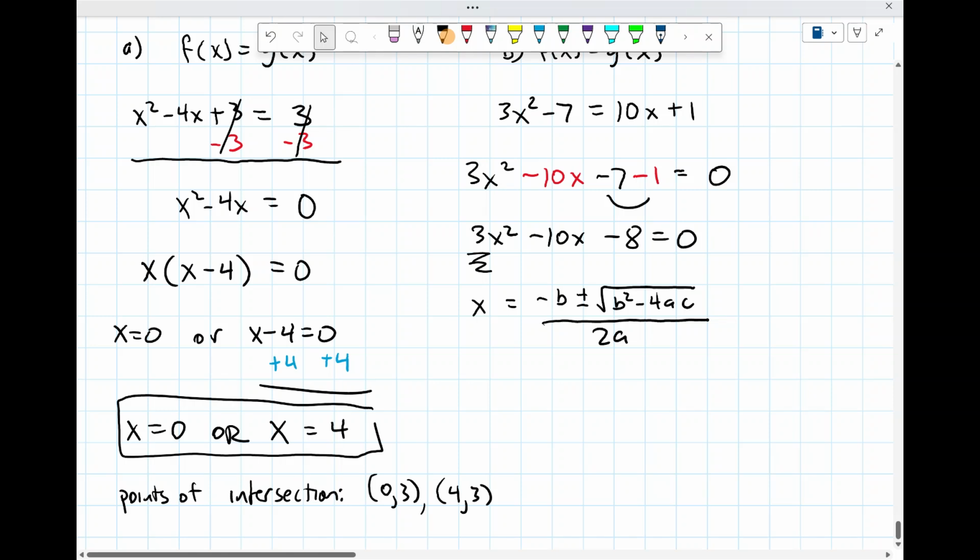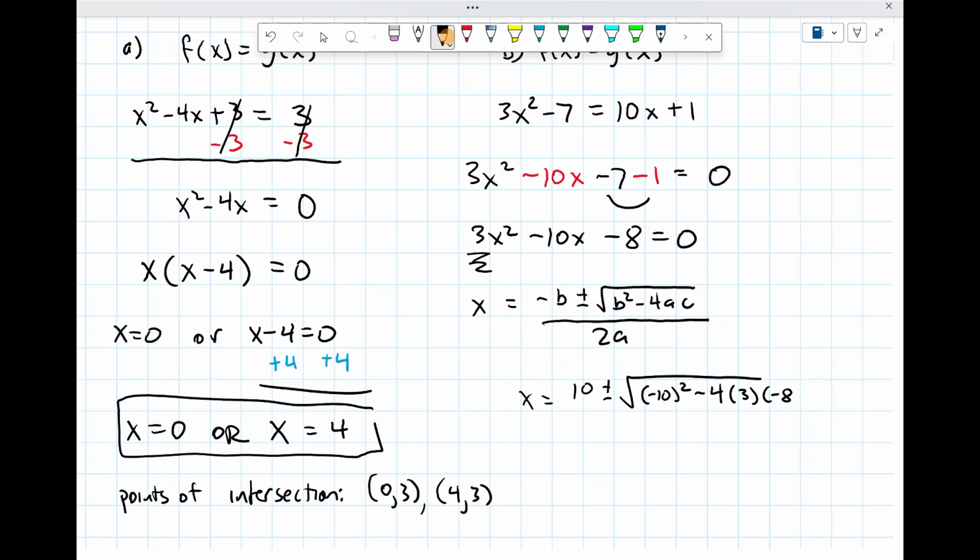All right, so let's see. This is going to be opposite b. So negative 10 is b, so that'll become positive 10 plus or minus the square root of negative 10 squared minus 4 times 3 times negative 8, and this is all over 2 times 3.